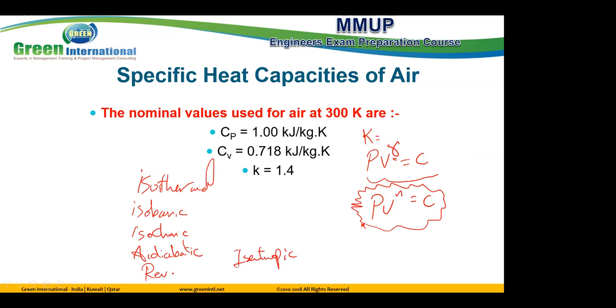What's the meaning of isothermal? Temperature constant. Yes. And what's the meaning of isobaric? Pressure constant. Good. What's the meaning of isochoric? Volume constant. Great.